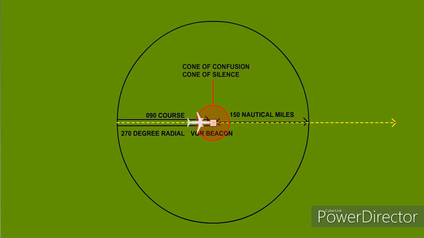As the aircraft enters the cone of confusion, an over-station sensor causes the autopilot to temporarily maintain the current heading, typically for 2 minutes, while the aircraft transits through the cone of confusion. The autopilot can now track the 090 degree outbound radial until it is required to change course.